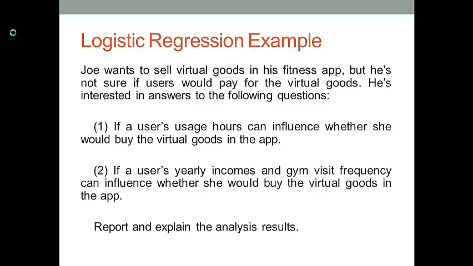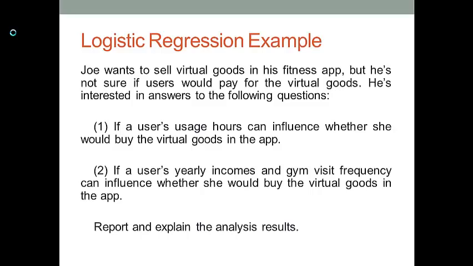You want to offer the app for free to the user, get them interested, addicted, and then you can start selling the virtual goods, such as new challenging levels in a mobile game, additional information for a mobile app, virtual clothes, virtual properties for the characters in the mobile app, and so on. This is a very popular business model in practice. But Joe is not very sure if users would pay for the virtual goods. So we want to find out the probability for a user to buy virtual goods in the mobile app.